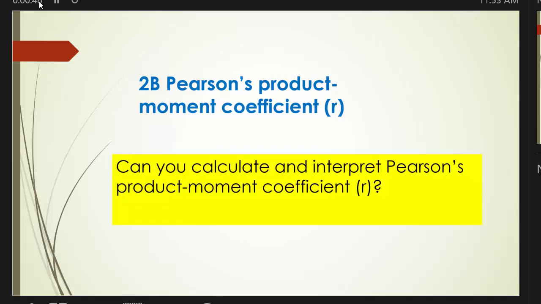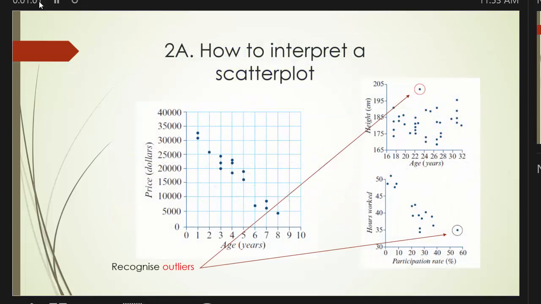We're looking at 2b, which is putting numbers into where we previously put words such as strong, moderate, or weak. If I go back a slide to the end of the last session, you might remember that if you're looking at a diagram, apart from saying whether it's got outliers, you can also say whether it's strong, moderate, or weak, whether it's positive or negative, and whether it's linear or not linear.